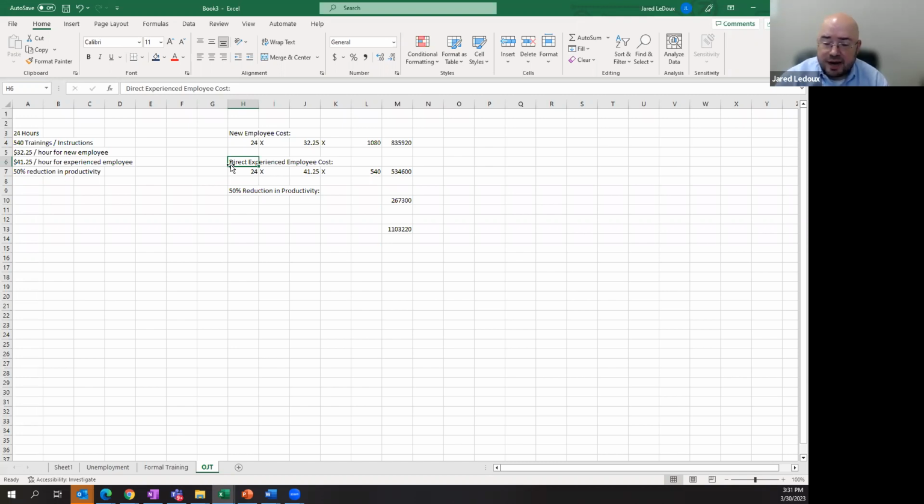I'm only doing 540 because it's 1,080 divided by 2, right? I'm not sitting with each one individually. I'm sitting with 2 at a time. It's only 540 instructions. I'm being paid an average of $41.25 an hour for those 24 hours.